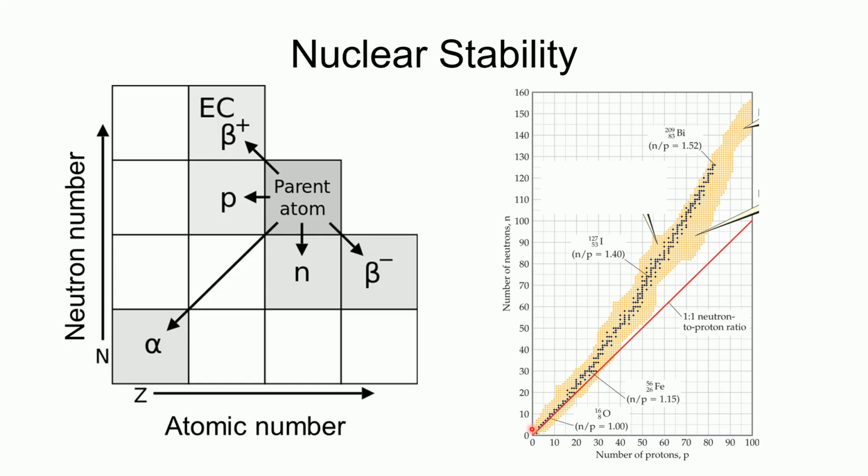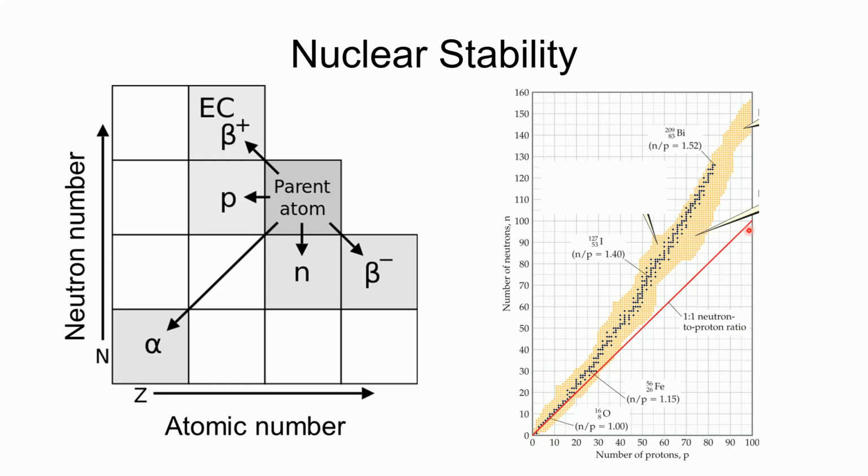And it turns out there are 265 of the stable isotopes that are known. And so here's what we know about those stable isotopes. For smaller elements, it takes approximately 1 neutron for every proton to have a stable isotope.